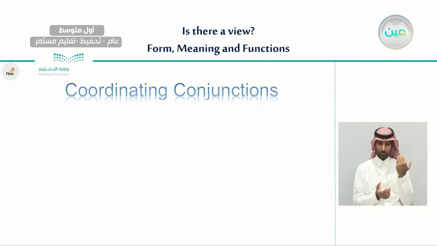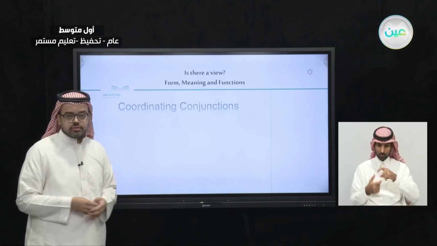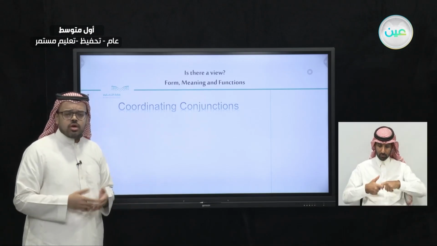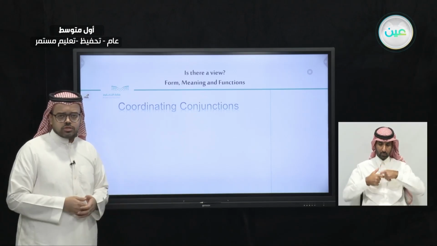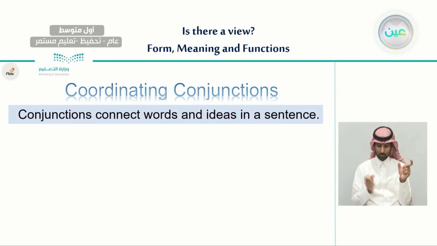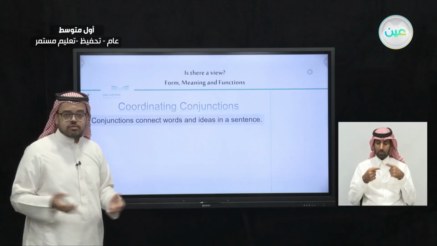As for today, we're going to learn in more details about the coordination of those conjunctions. So we have different conjunctions in English. But first, what do you mean by conjunctions? Conjunctions are the words that connect ideas and words in a sentence. We use conjunctions to connect ideas or words in sentences.